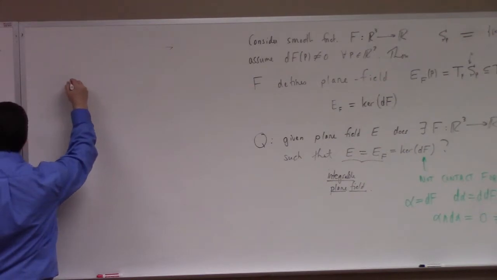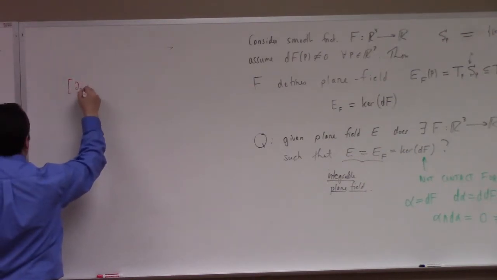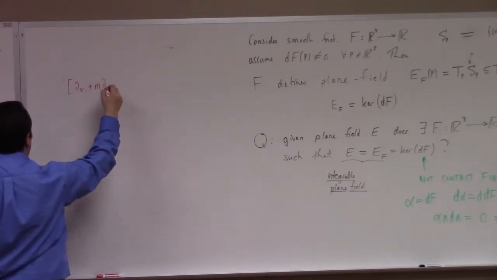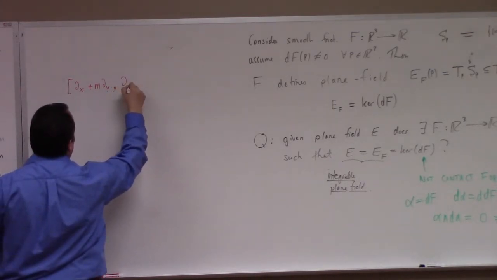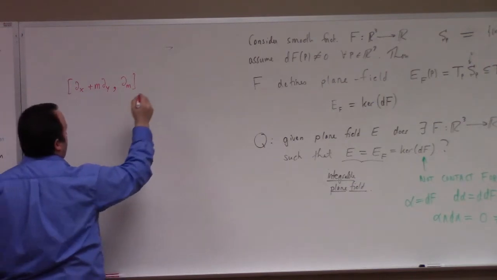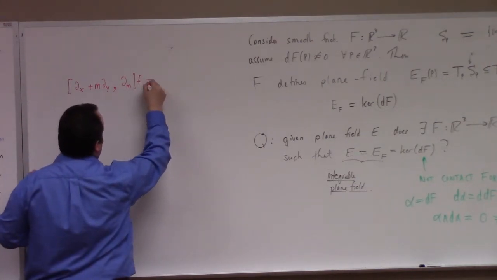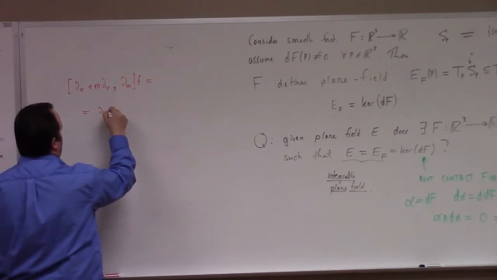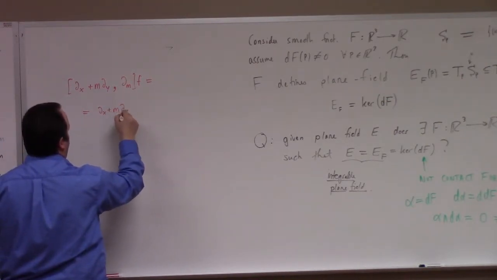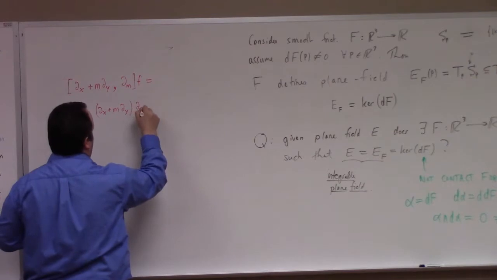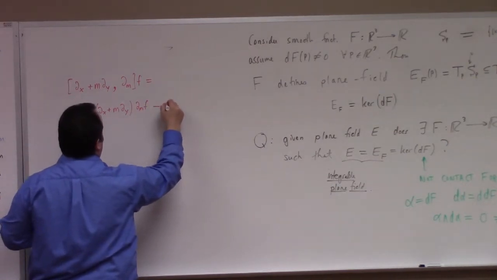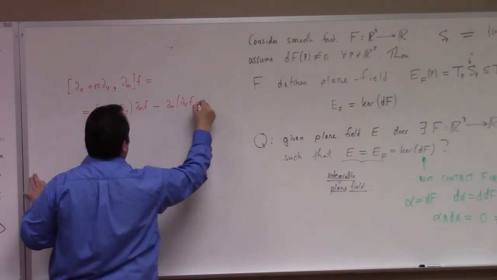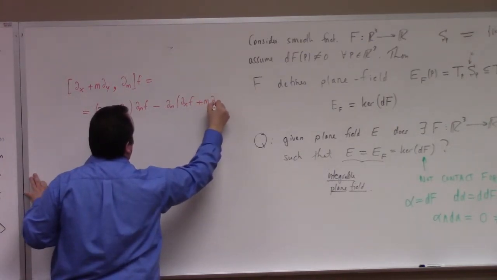There's only one bracket to calculate, right? So we have partial x plus m partial y with partial m. We should let that act on a function f to keep ourselves honest. So we've got partial x plus m partial y of partial m f, minus partial m of partial x f plus m partial y f.